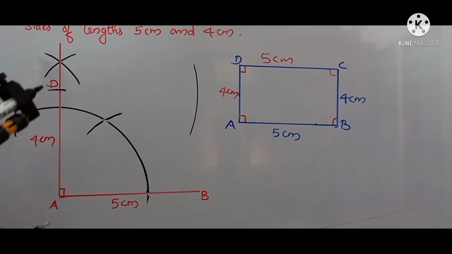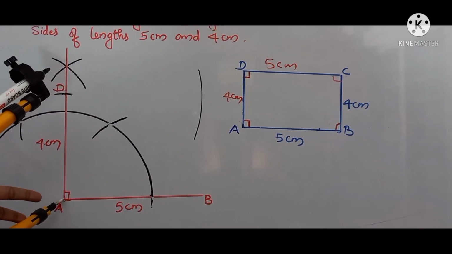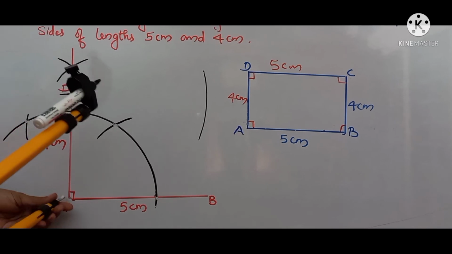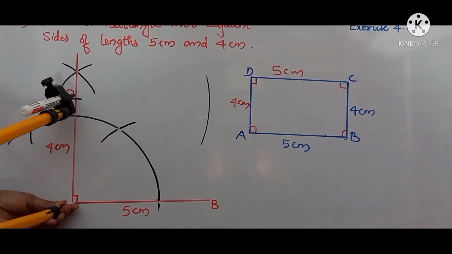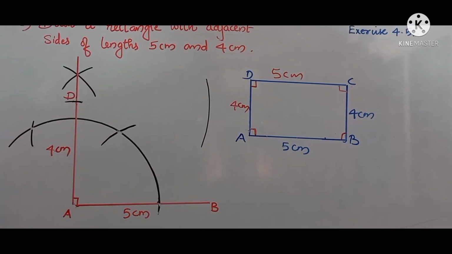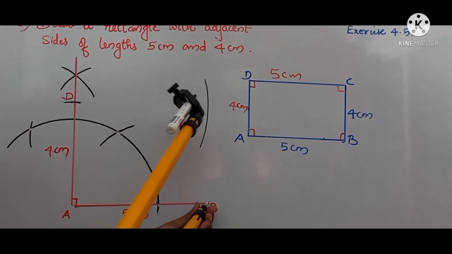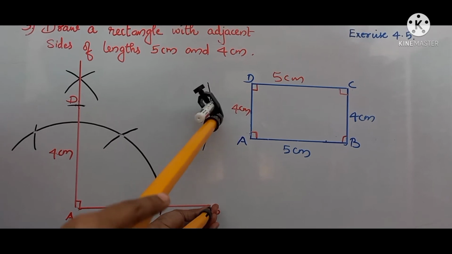Next we have to take that compass width as AD, that is 4 centimeter. Either we can measure it on AD itself, or we can take 4 centimeter, and pointing on B, draw an arc.